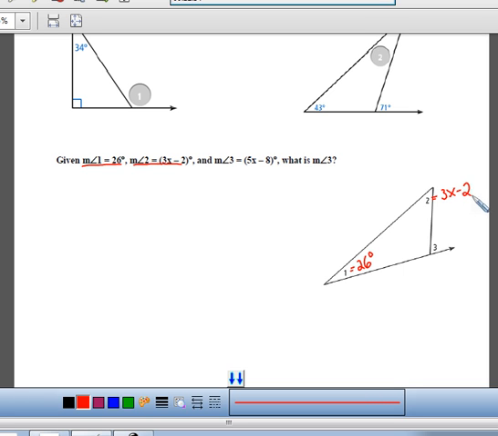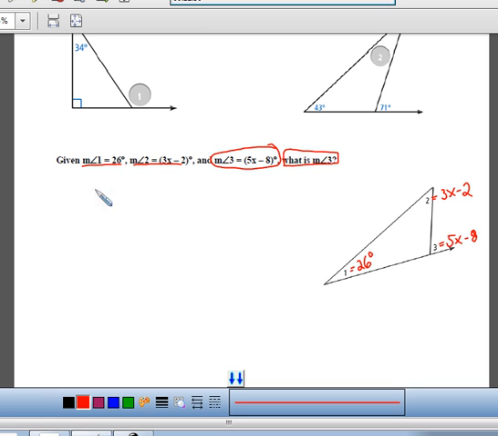I'm sorry, 3x minus 2. And the measure of angle 3 is 5x minus 8. What is the measure of angle 3?